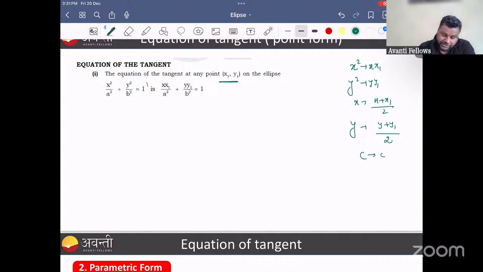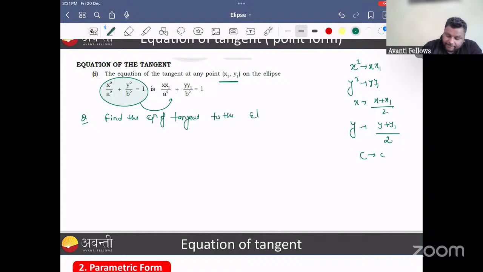So the equation of tangent at this point to the ellipse is xx1 upon a square plus yy1 upon b square equals 1. Got it? Like a simple question: find the equation of tangent to the ellipse x square by 9 plus y square by 16 equals 1 at a point 3, 4 on it.